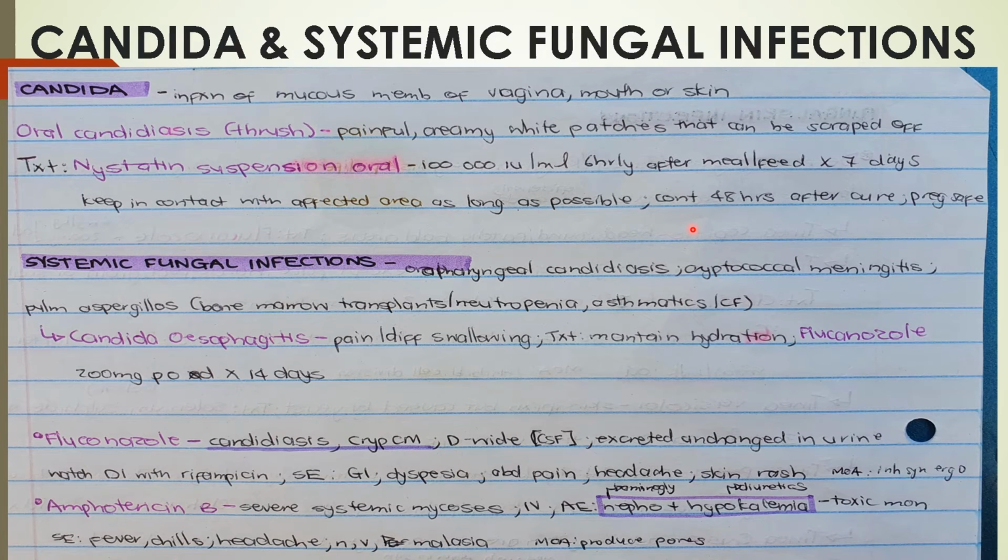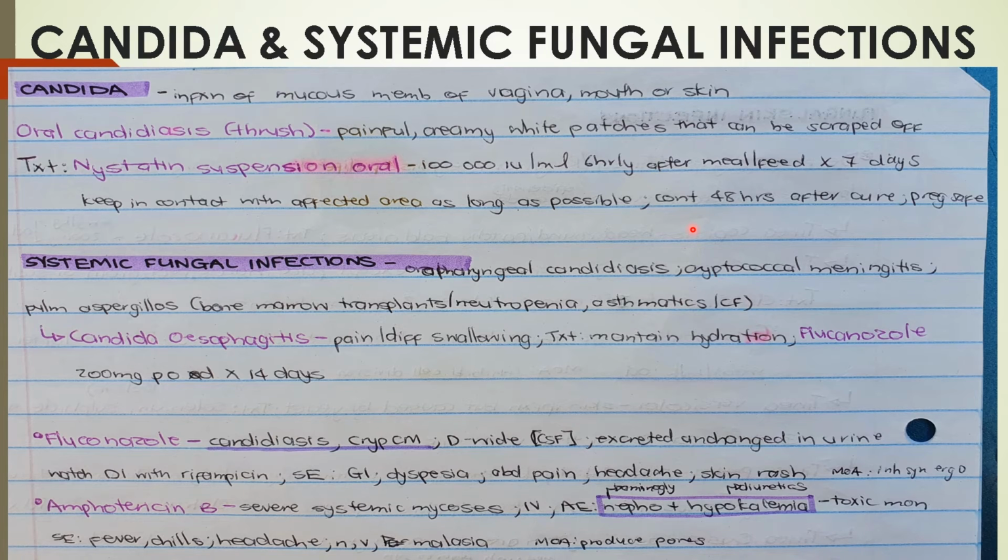So treatment would be using nystatin suspension orally, which is 100,000 units per milliliter, 6 hourly after a meal for 7 days. You take the solution and swirl it in your mouth so that it's in contact with the mucous membranes for as long as possible, but please do not swallow, and then you spit it out and continue for 7 days.